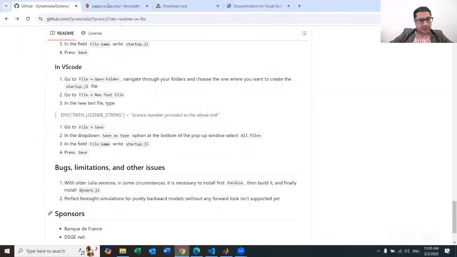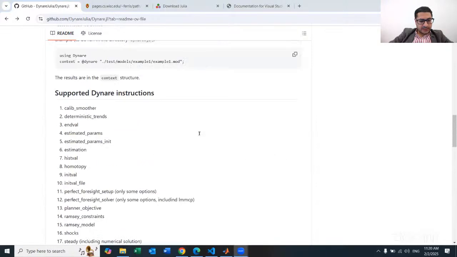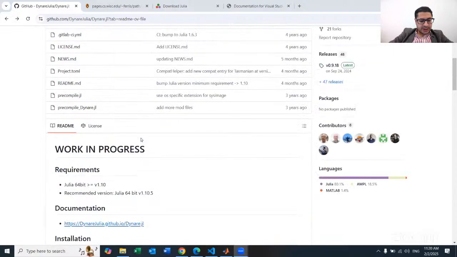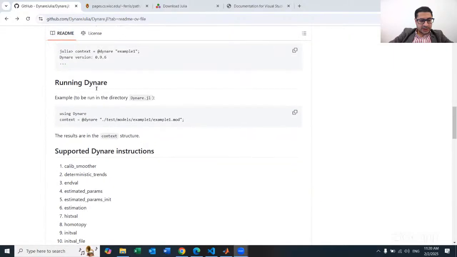Just go to the GitHub page as I showed, the Dynare Julia GitHub page, and here you can see directions. Running Dynare is by using context equals @dynare, double quotes, and the link to the model.